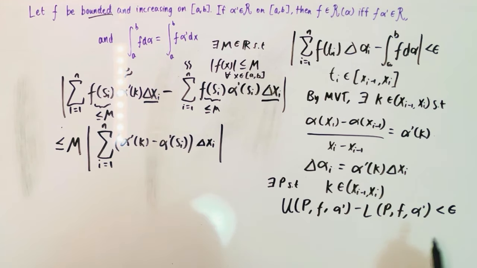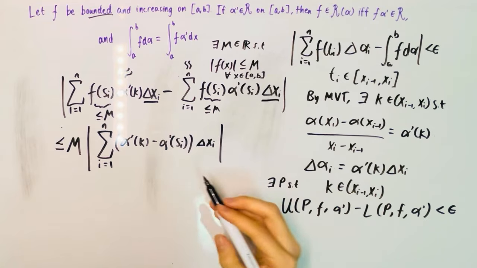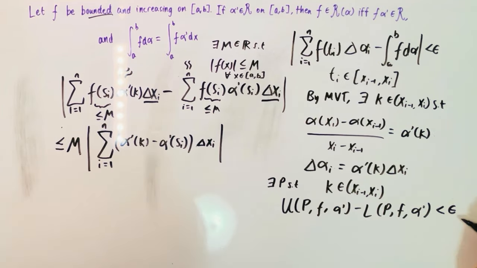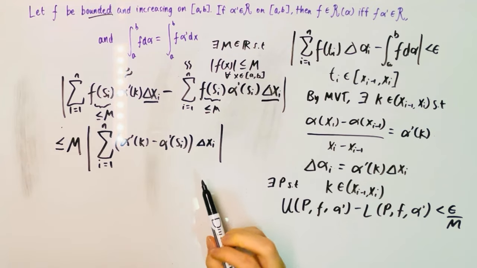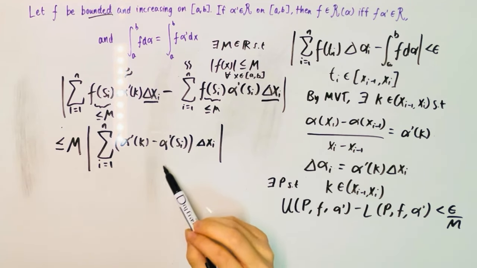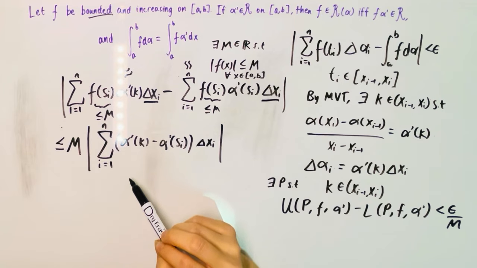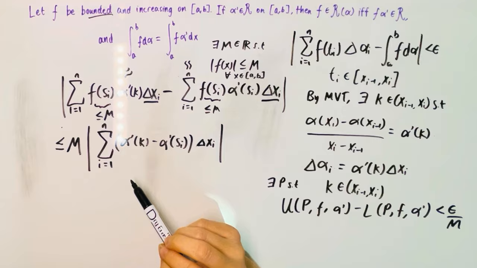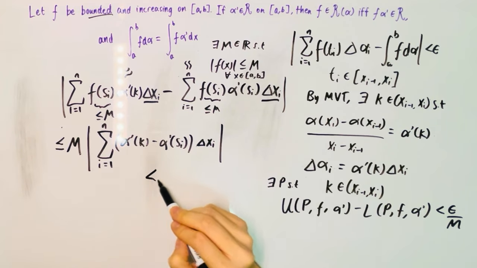And because this is true, we can make this epsilon over m, and we can make this whole thing less than epsilon over m.